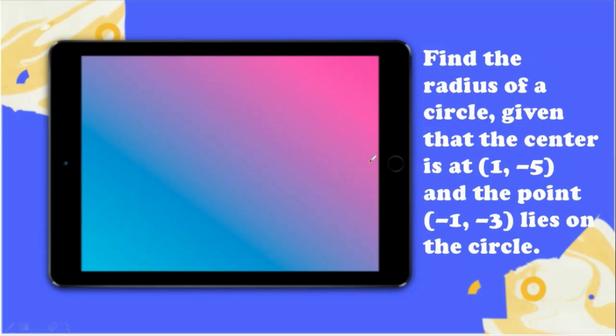Next one. Find the radius of a circle given that the center is at (1, negative 5) and the point (negative 1, negative 3) lies on the circle. So in this problem, we have the given center and we also have the given point. So all we need to do is use the distance formula to find the radius.